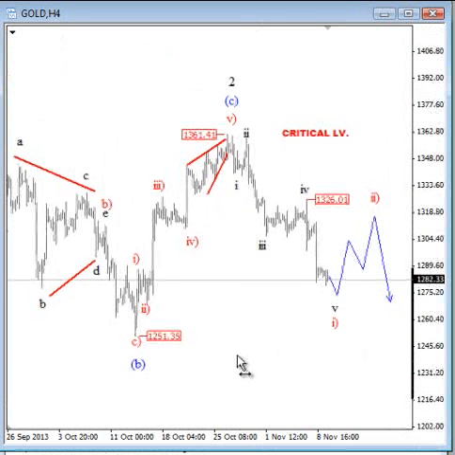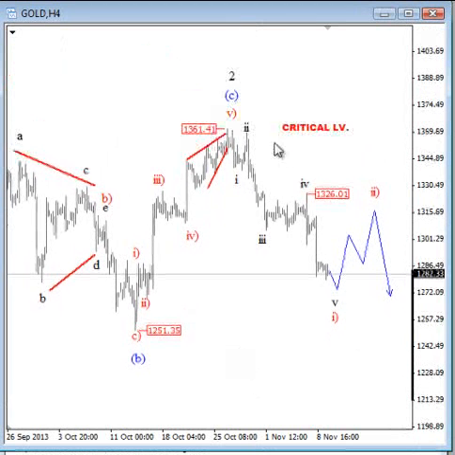Here on the 4-hour chart is the reason why I suspect that this wave 2 has ended here, because I can count 5 waves of decline from this swing high. So we know that 5-wave moves show the direction of a trend, which in our case means it's bearish, okay.